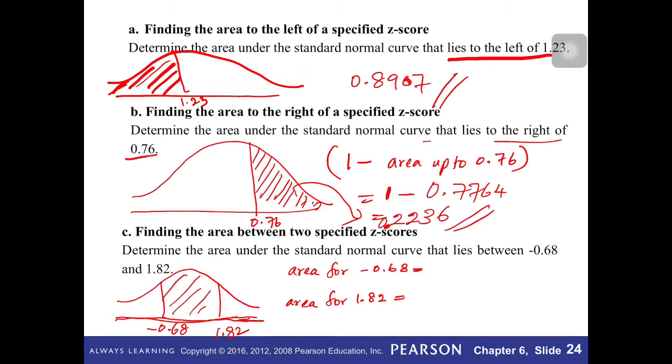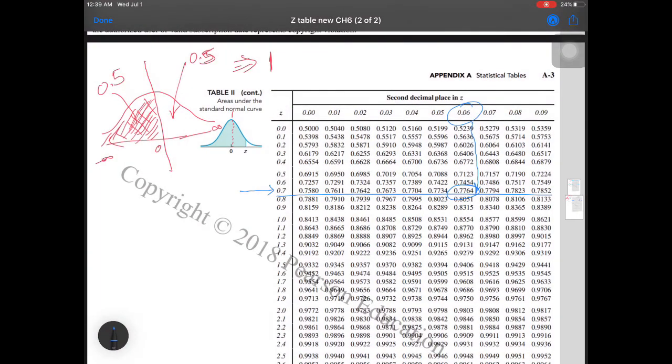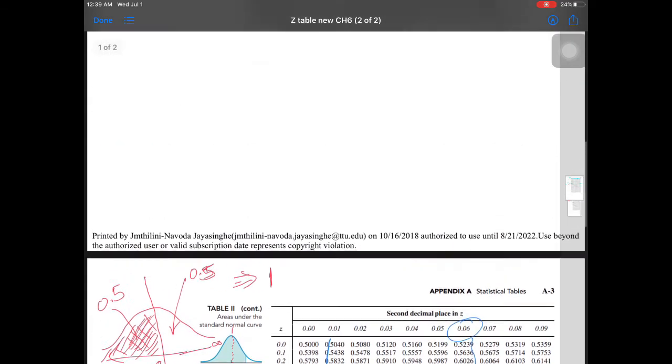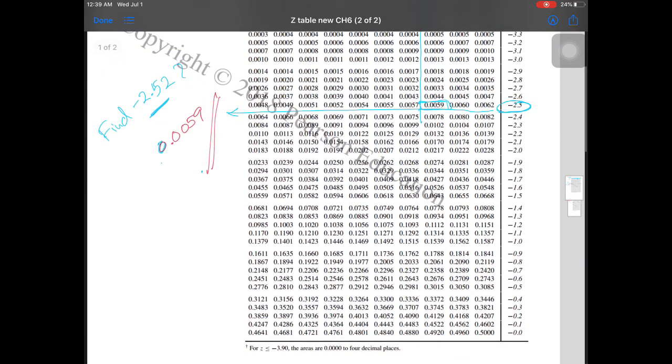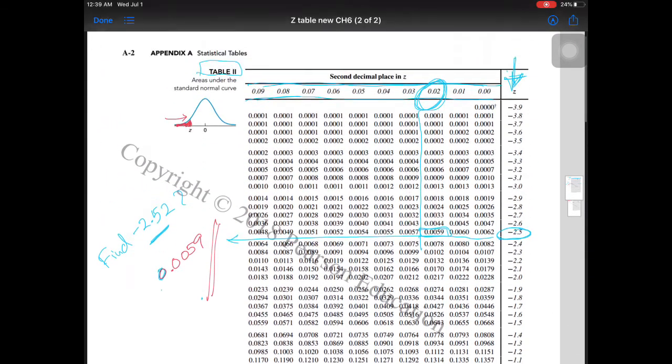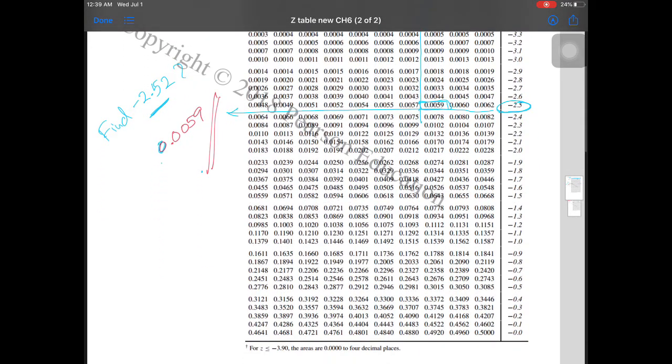First figure out negative 0.68. You have to go to the other table, negative 0.68. So negative, okay, 0.6 is here, negative 0.68.